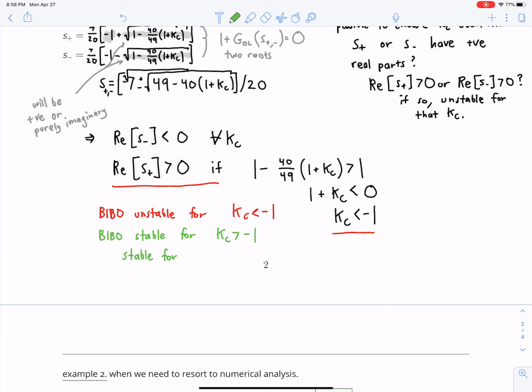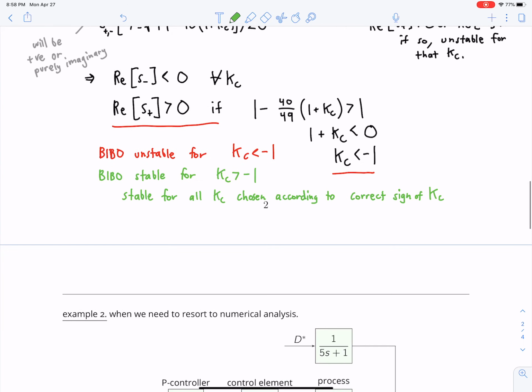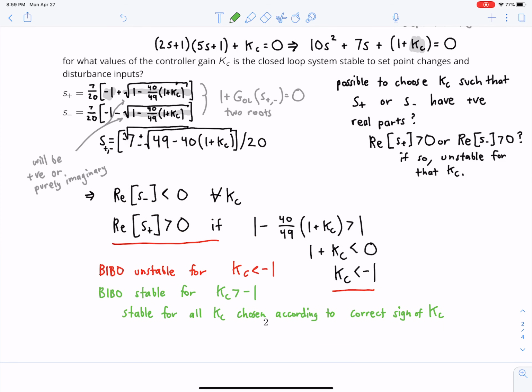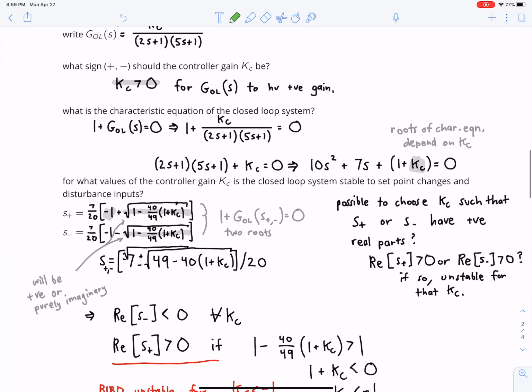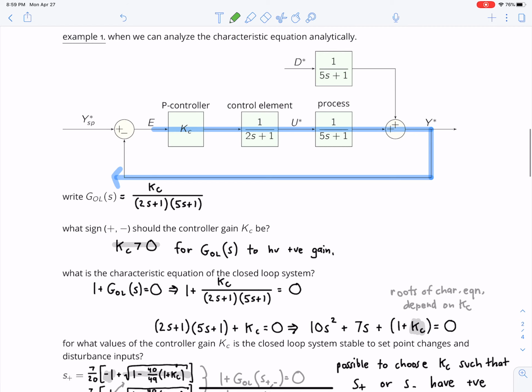Stable for all Kc chosen according to the correct sign. So assuming the engineer chose Kc to have the right sign, there's no possible way for the engineer to make the controller too aggressive such that it pushes the system to be unstable.